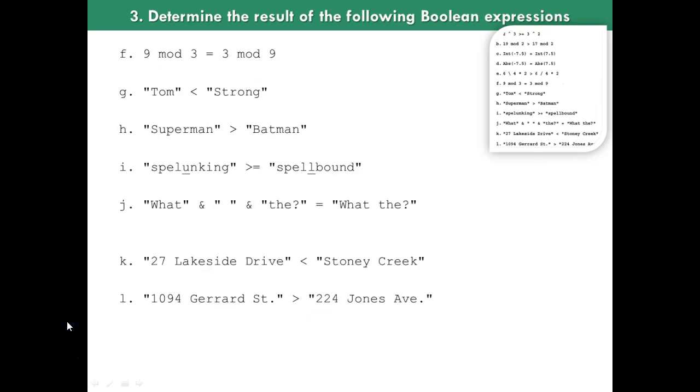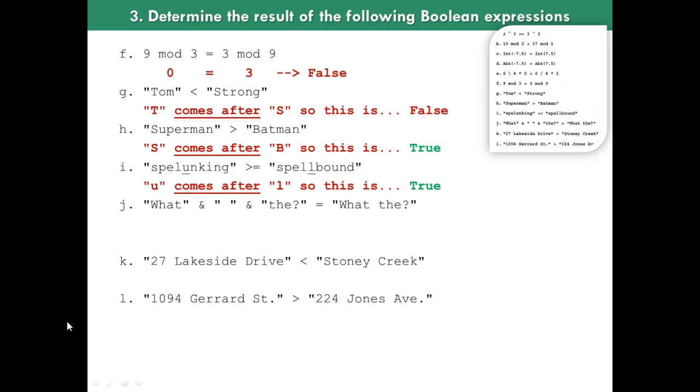Here we have a few more questions, starting off with a numerical comparison, and the remainder here are string operations. What you should remember about string operations is that you refer to the relational operator in terms of comes after and comes before.